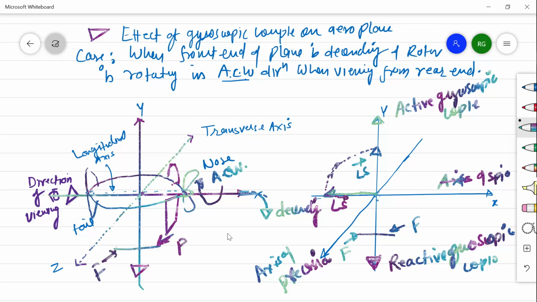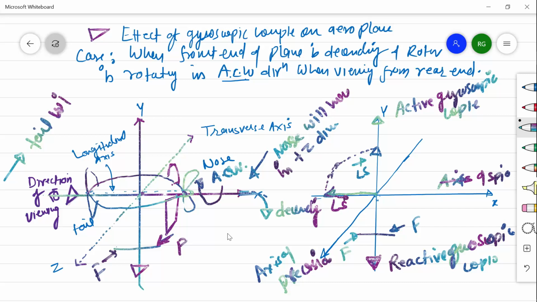So we know that the nose will move in the positive z direction, and the tail will move in the negative z direction.